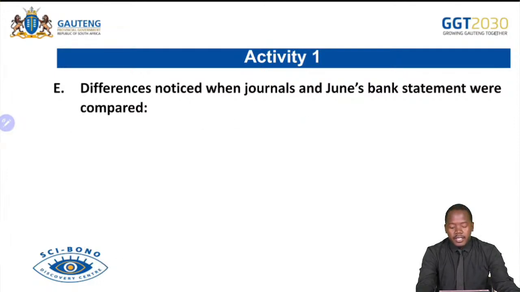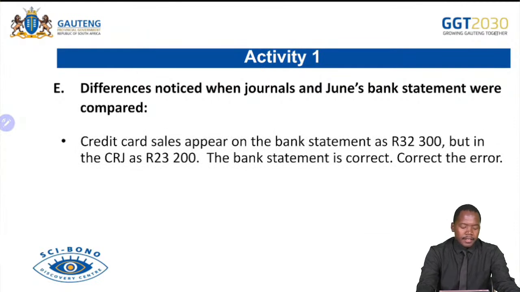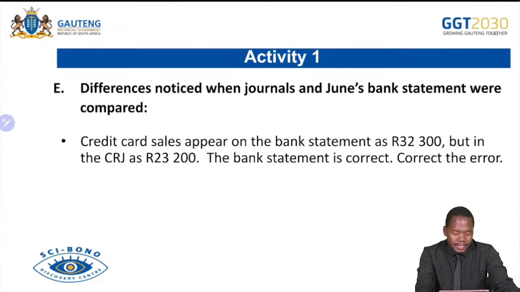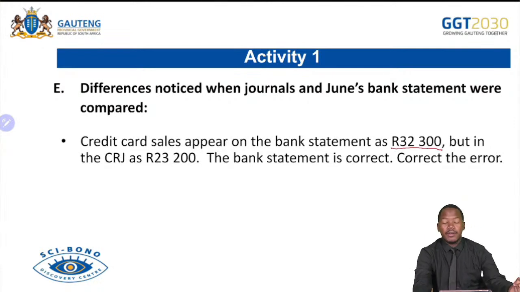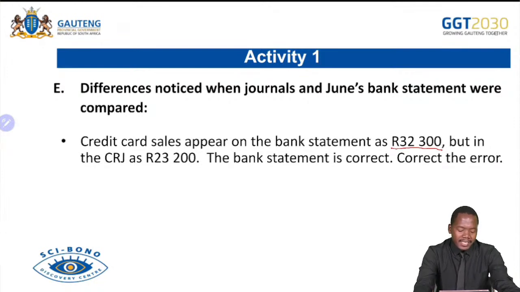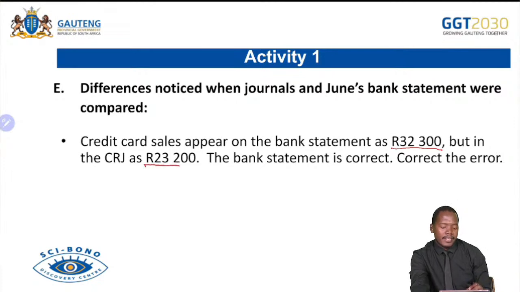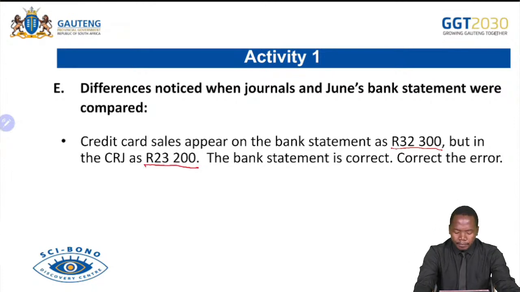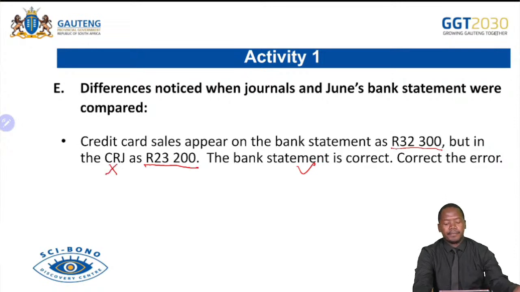Differences noticed when January's and June bank statements were compared. We've already done this. Next one, credit card sales appear on the bank statement as 32,300, but in the CRJ, it appears as 23,200. The bank statement is correct, but our books are wrong.